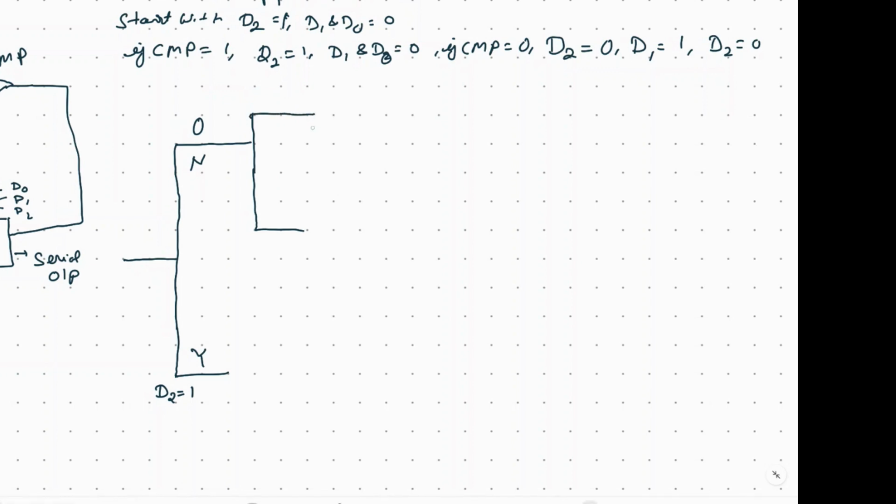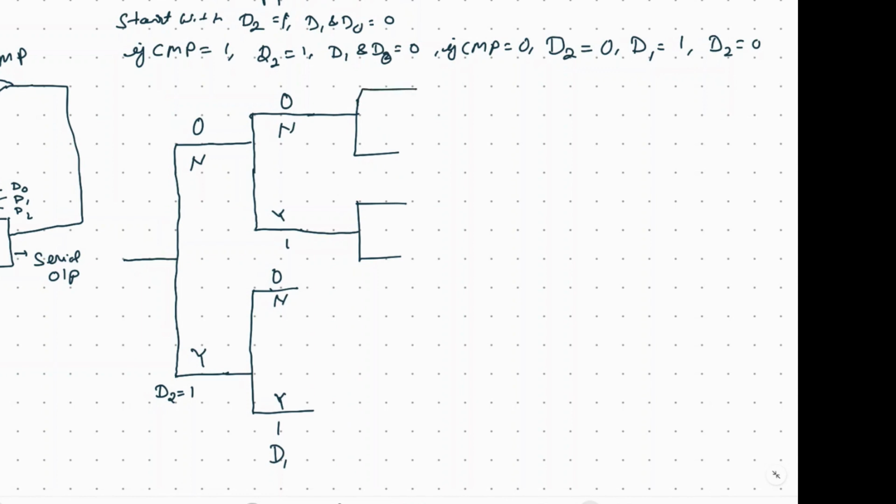So let's say for the most significant bit it made D2 to 1, and then it will compare whether V input is actually greater than the digital to analog converter output. If yes, then it will set D2 to 1. If no, it will set D2 to 0. Then it will make the next bit 1 and again check whether the magnitude is greater or lower.